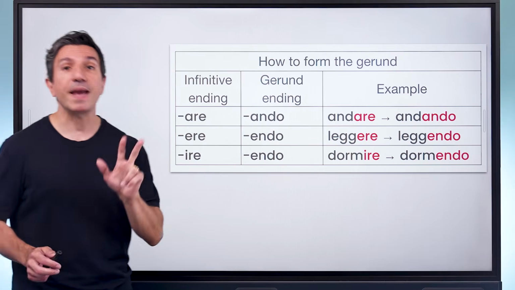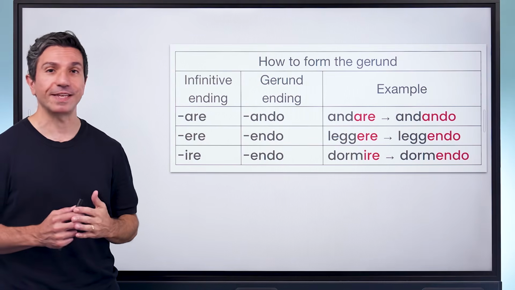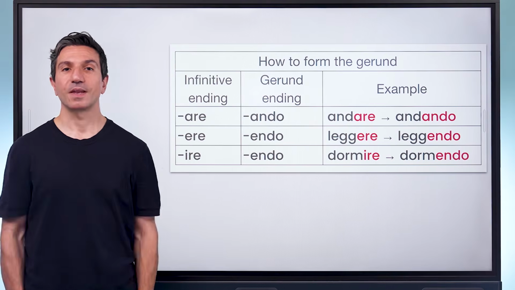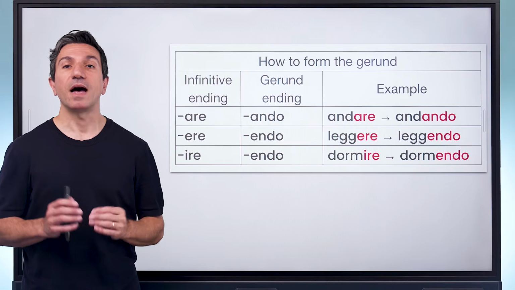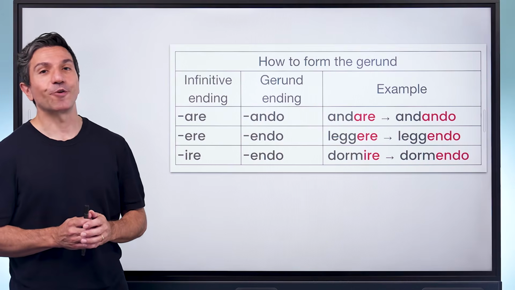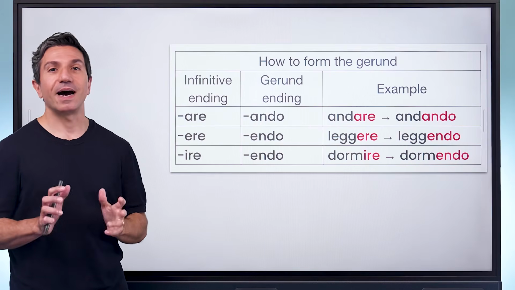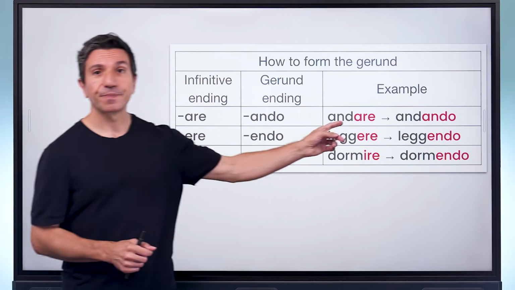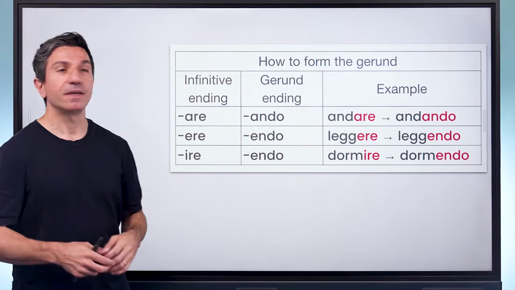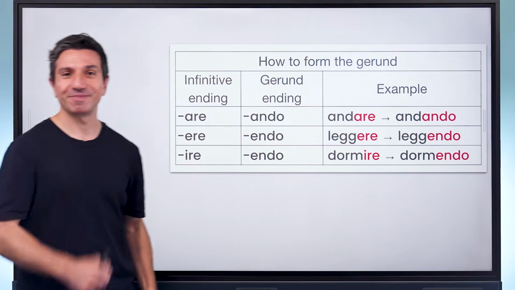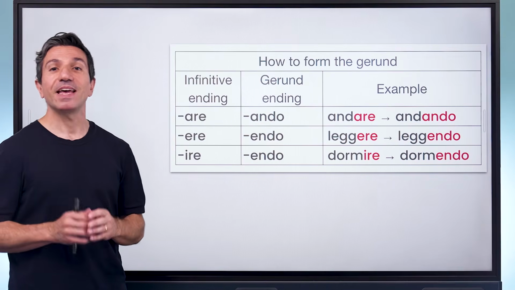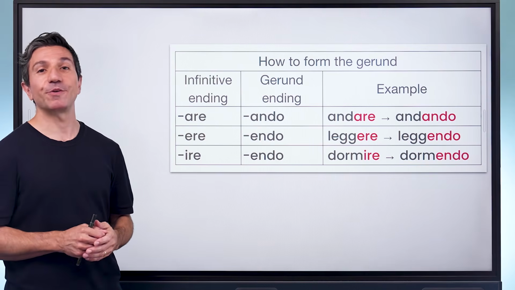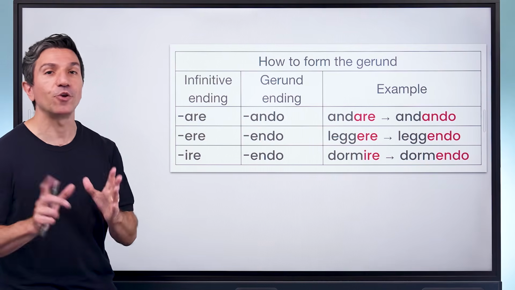There are three main types of infinitive endings: are, ere, and ire. For verbs ending in are, the gerund is formed by replacing are with ando. For example, andare, to go, becomes andando, going. For verbs ending in ere and ire, the gerund is formed by replacing the ending with endo.